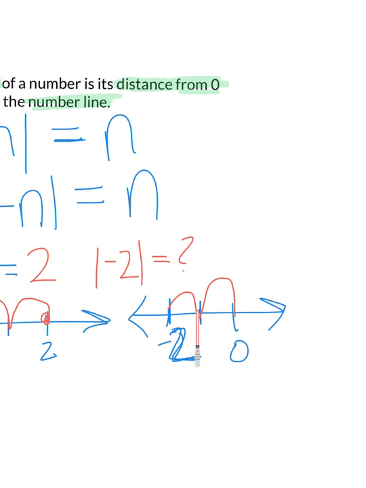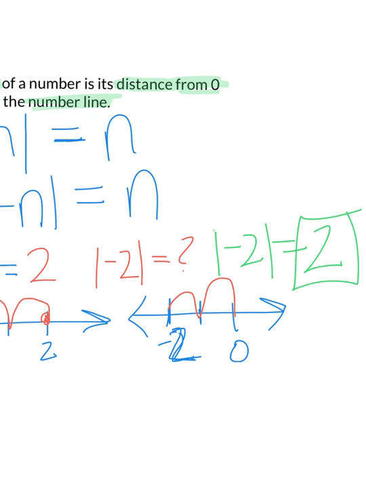We're just counting the unit distance between negative 2 and 0. So that's 1, 2. So now I would write in a different color. The absolute value of negative 2 is equal to 2.